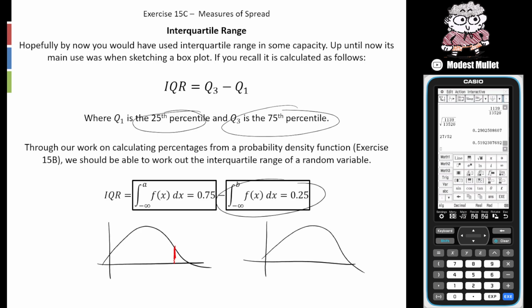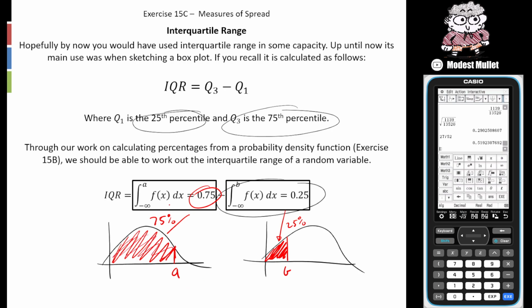First off, we find what point A is, so that percentile there makes up 75%, or the area is equal to 0.75. And then we also do it again. We find what this value B is. So that area in there is 25%, or 0.25.